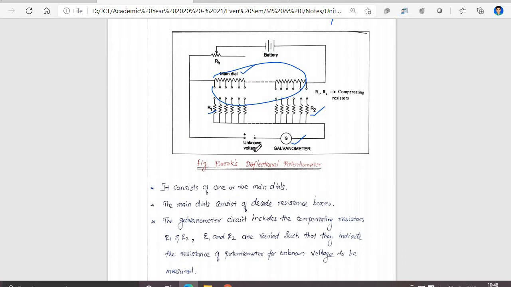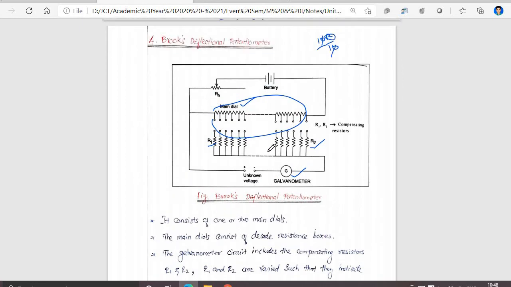Here we are connecting two different sets of resistance. One is the main dial and another is the compensating resistance.